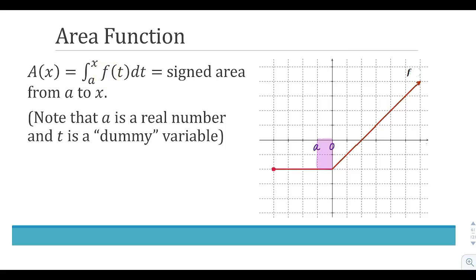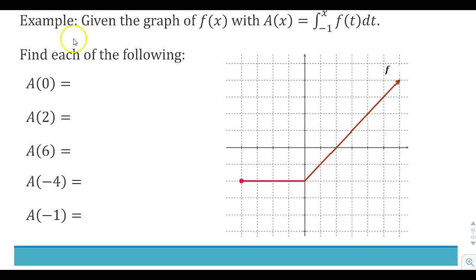So all the way from a to 1 would be this complete area here, between the curve and the x-axis. So this is a function because we can plug in different values of x into the upper limit of integration, and if a is fixed, that's going to give us outputs that represent areas under the curve of this function f.